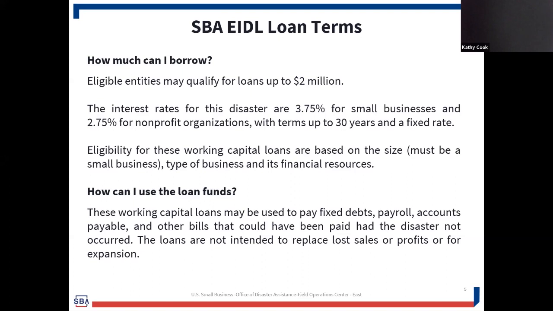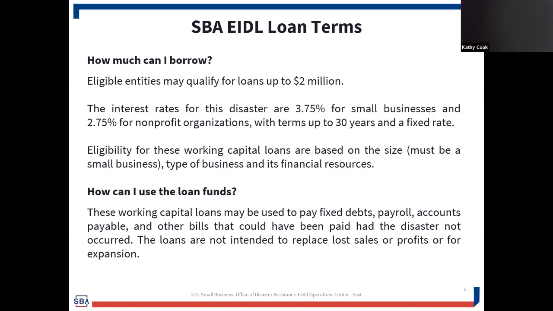So many people say, well, can I refinance my mortgage? No. If the disaster had not happened, would you be refinancing your mortgage? No. But you would pay your monthly payments on that mortgage with your business income. So that would be eligible. If you borrow from a state bridge loan program or an emergency loan, if you're approved for the SBA disaster loan, then we can incorporate the repayment of that emergency loan out of the SBA's economic injury disaster loans.